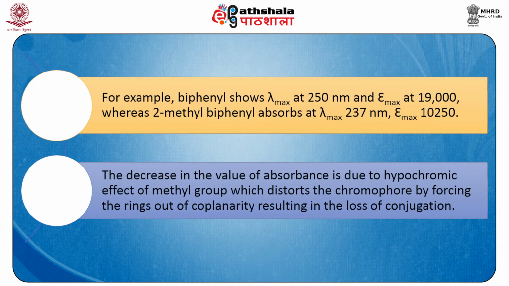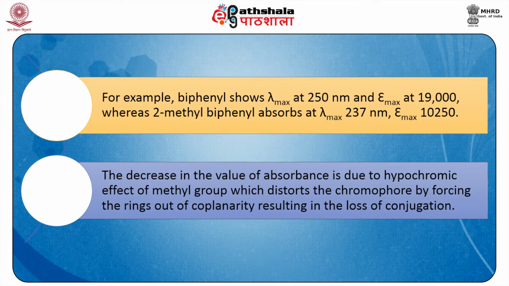For example, biphenyl shows a lambda max at 250 nanometer with an Emax value of 19,000, whereas 2-methyl biphenyl absorbs at lambda max 237 nanometer with an Emax of 10,250.